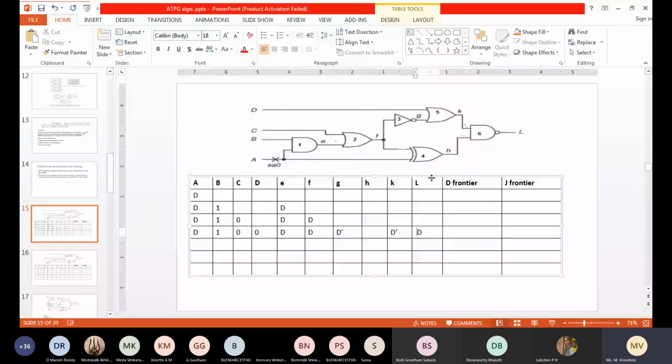Now what should be the H value? Sivanath Nikhil, what should be the H value if I want to take the fault? H should be 1. So we have propagated the fault, now we have completed the job of propagation.